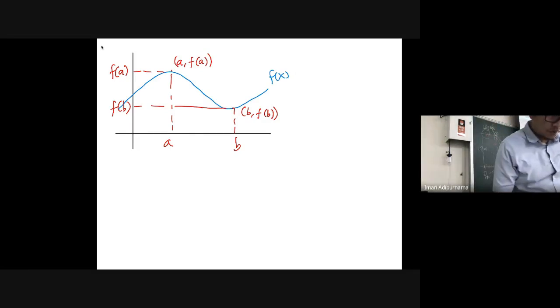We call the point f of a here the local max, and this point here is the local minimum.